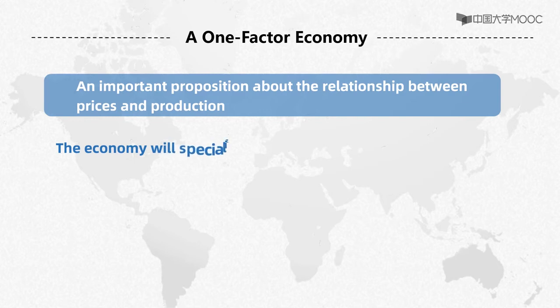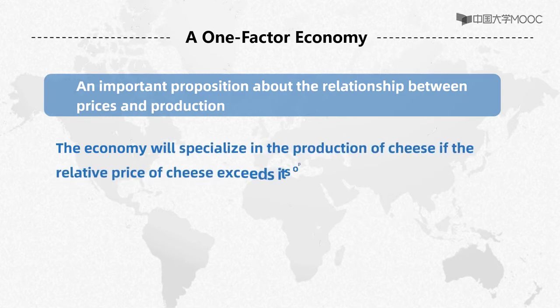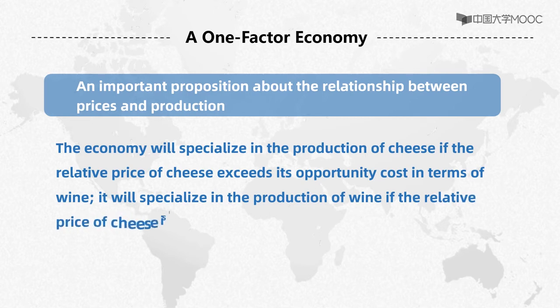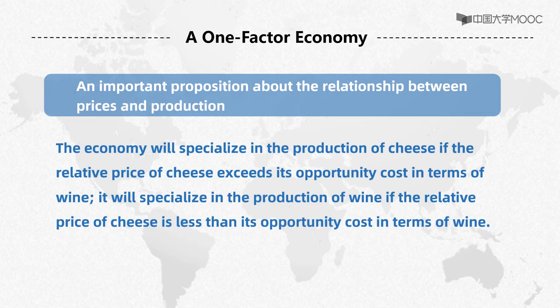The economy will specialize in the production of cheese if the relative price of cheese exceeds its opportunity cost in terms of wine. It will specialize in the production of wine if the relative price of cheese is less than its opportunity cost in terms of wine.